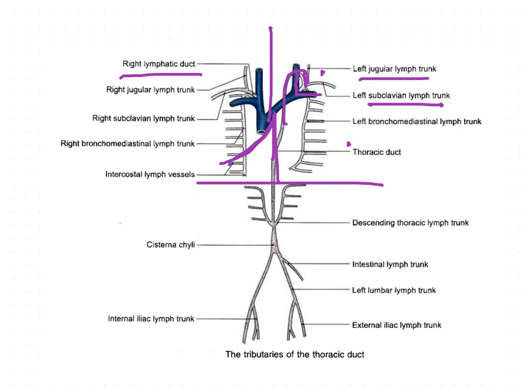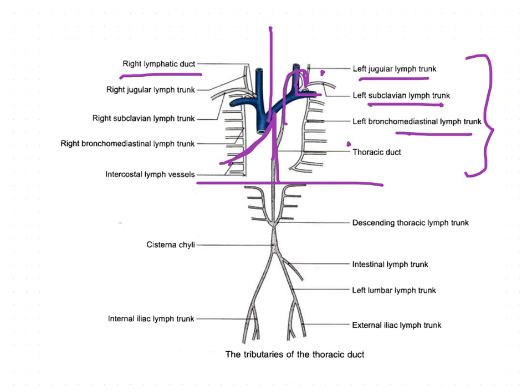So these are all the tributaries of this thoracic duct, especially in the thoracic region. So in the thorax, the left bronchomediastinal lymph nodes and lymph trunk either open into the thoracic duct, or usually end in the brachiocephalic vein and finally into the thoracic duct. So these are all about the tributaries of the thoracic duct.